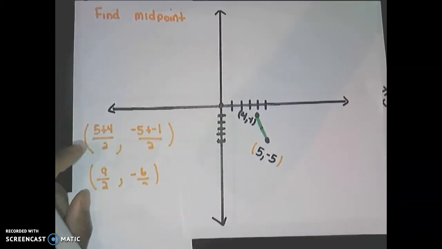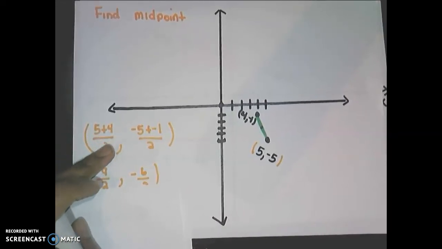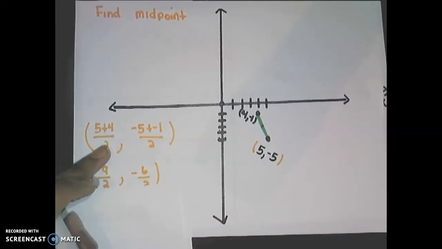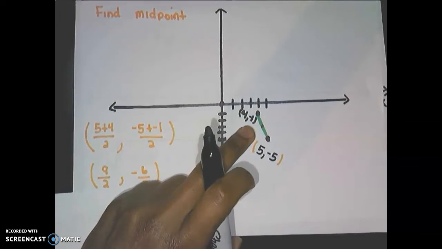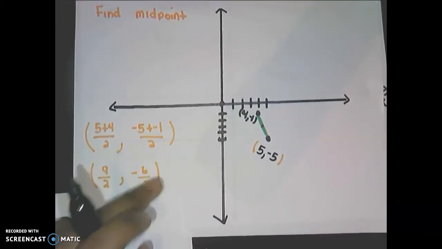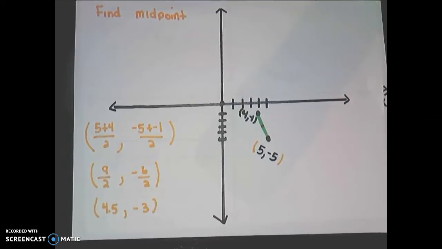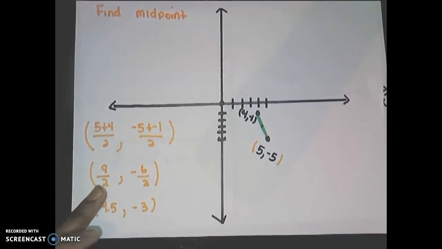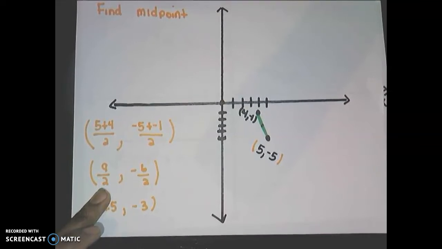My two x values are 4 and 5, so I take 4 plus 5, and I'm going to divide that by 2. My two y values are -1 and -5, so I have my -5 plus -1 and divide by 2. Now we just need to simplify. 4 plus 5 is going to be 9, so we have 9 divided by 2.